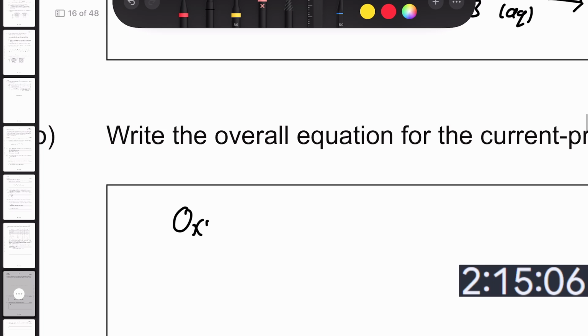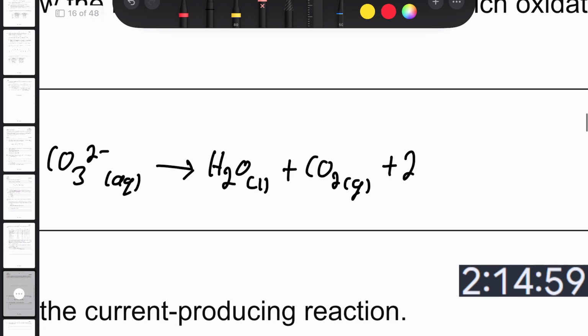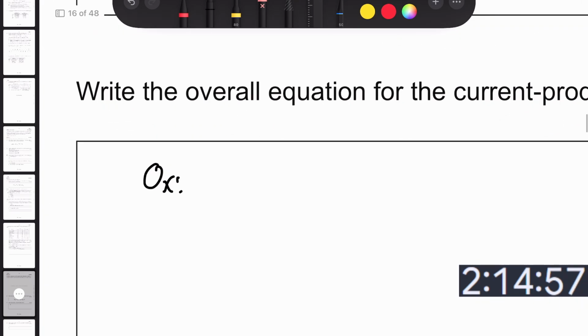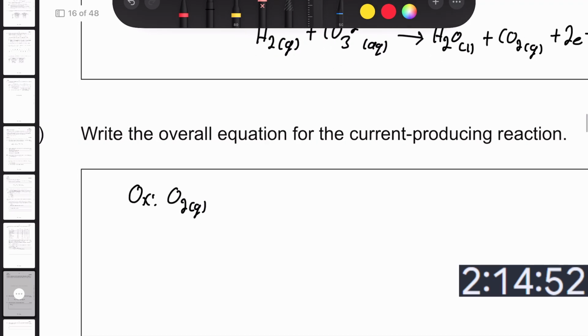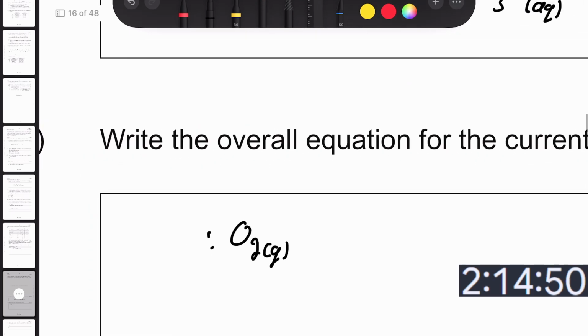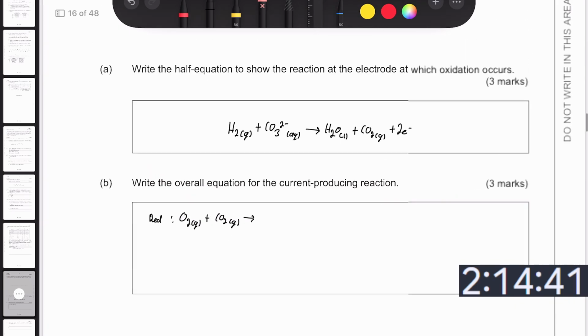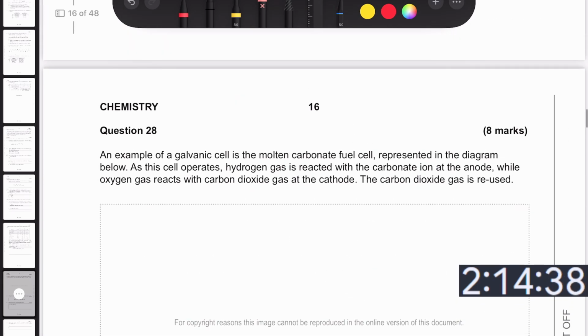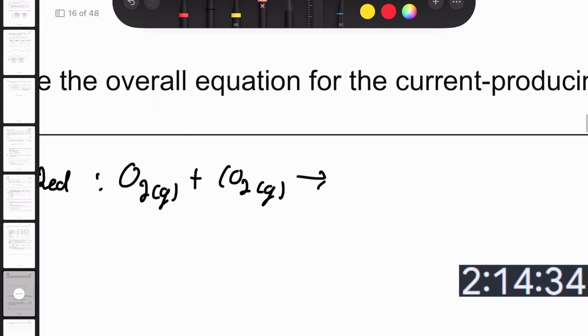This will be plus 2e minus. So oxidation, I have oxygen. Oh, sorry, no, this would be reduction, because this is the cathode reaction. Plus CO2. What would this be making? With carbon dioxide gas at the cathode, the carbon dioxide gas is reused.